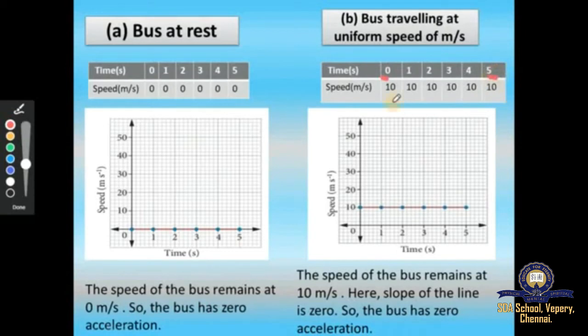The speed is constant, and the graph is plotted by taking time along the x-axis and speed along the y-axis. The speed of the bus remains at 10 meters per second. Here, the slope of the line is 0, so the bus has 0 acceleration.